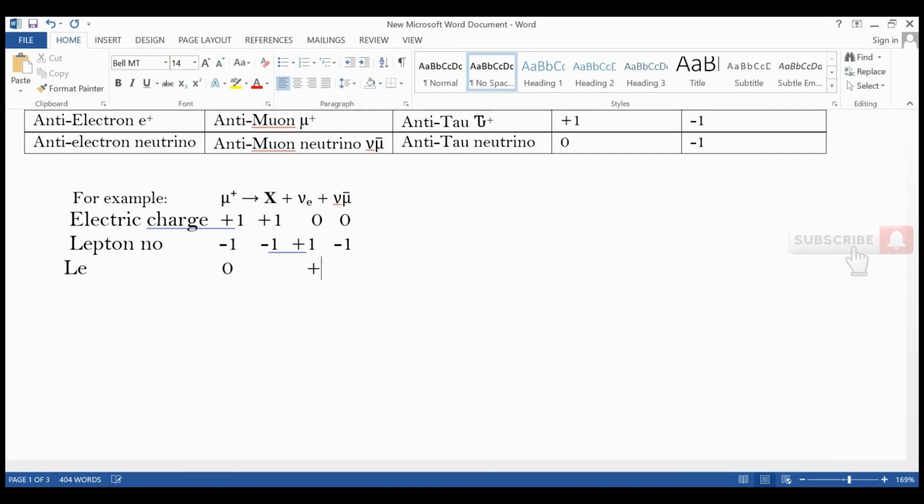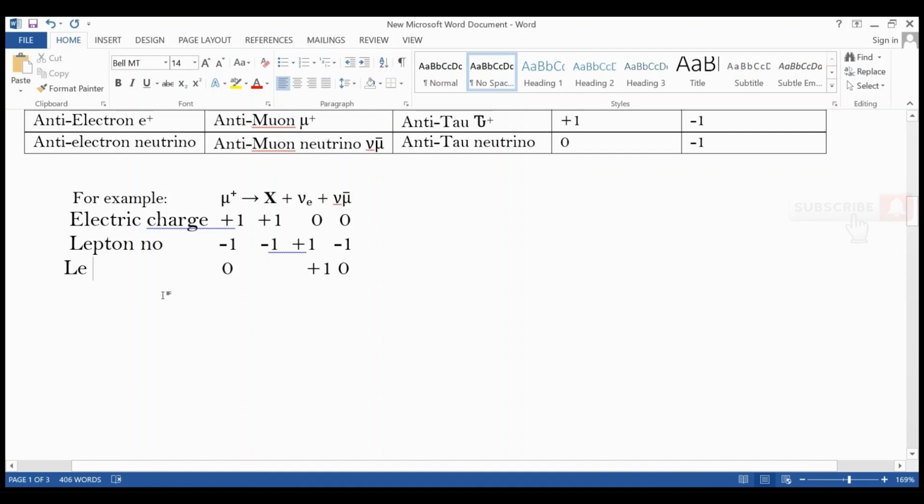This is the lepton, not anti-lepton. So it would be +1. And this is anti-muon neutrino. For lepton number, it would be 0, because we already discussed that electron lepton family will only accommodate electron and electron neutrino, not muon or muon neutrino; anti-muon neutrino is not allowed.